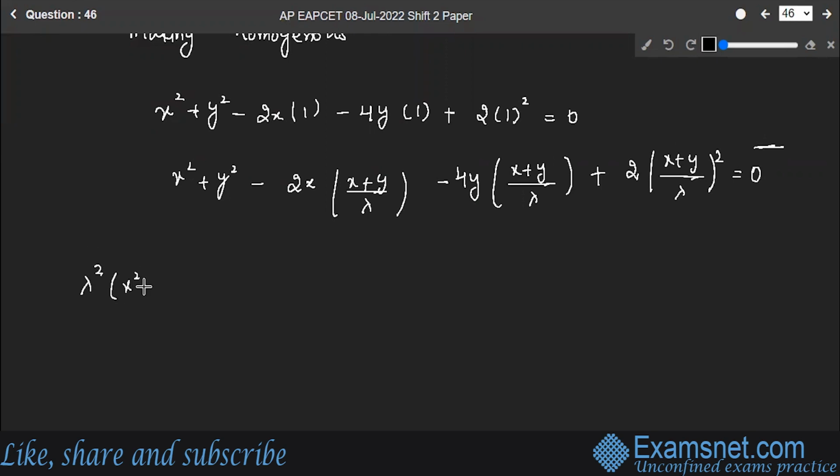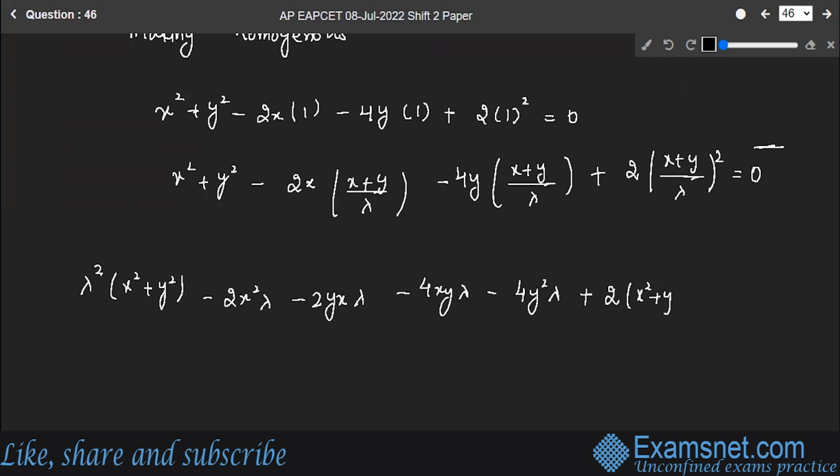Lambda square x square plus y square minus 2x square lambda minus 2xy lambda minus 4xy lambda minus 4y square lambda plus 2 into x square plus y square plus 2xy is equal to 0.